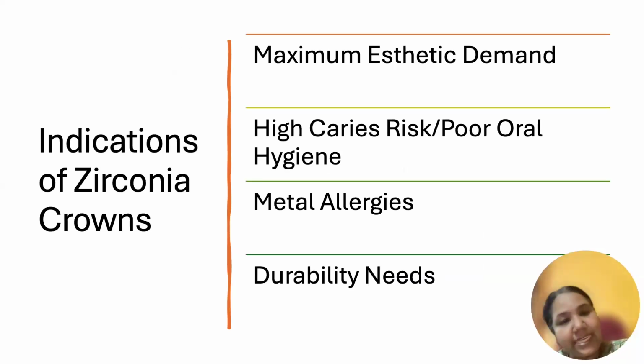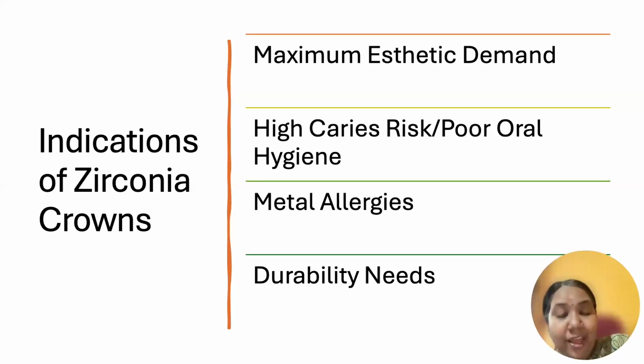So, what are the indications of zirconia crown beyond what we have already discussed? Remember, when we have a maximum aesthetic demand, the highest level of natural appearance is required. When the patient has high caries, the zirconia smooth surface is really going to help in these conditions. Then again, zirconia is a good choice.